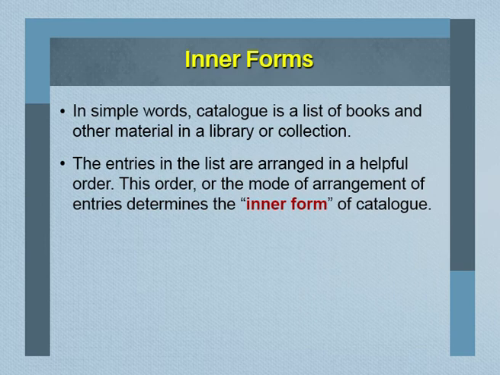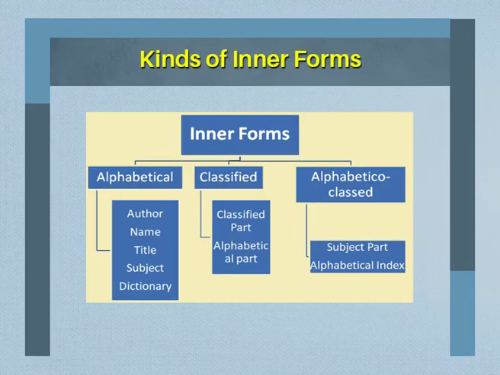In simple words, the created entries have to be arranged in a proper way, adopting some sequence by which the users or the staff will be able to retrieve or identify the information available in the library with the help of the cards or any form of catalog that is used by the library.